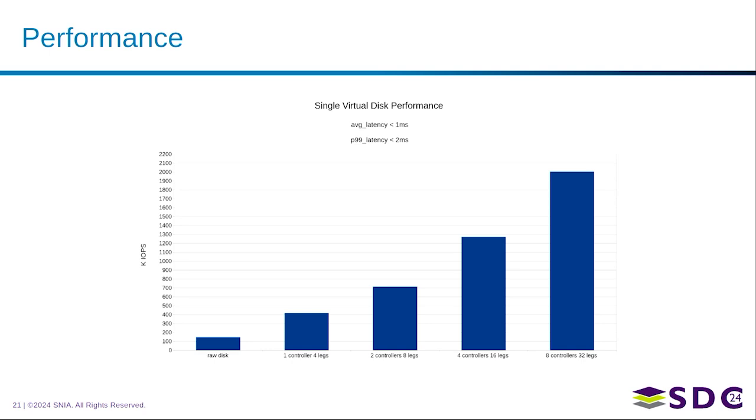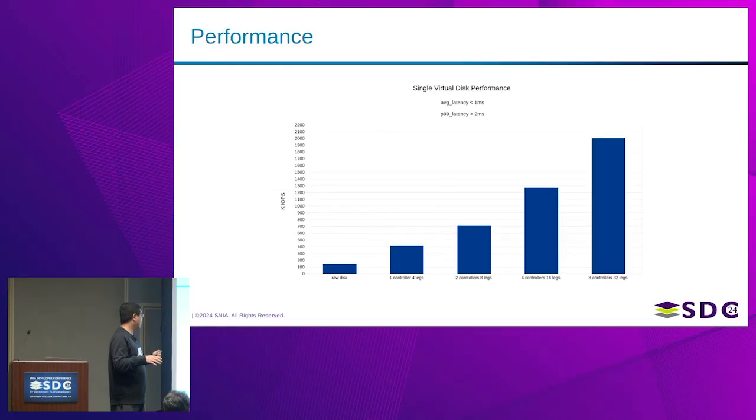So here, the first column is the raw disk. For each raw disk, I have about 200 kilo IOPS. That's an NVMe disk. And then next, I create one controller with four legs.